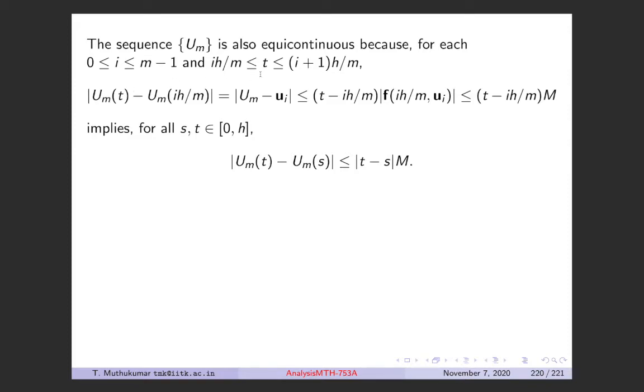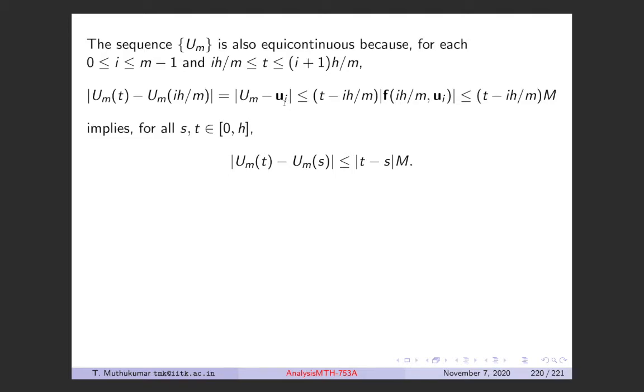So you take any such t and you look at U_m(t) minus U_m of the lower end point of that interval where t lies. Now this, by the way we define it at this endpoint, is going to take the value u_i. So this is U_m(t) minus u_i.